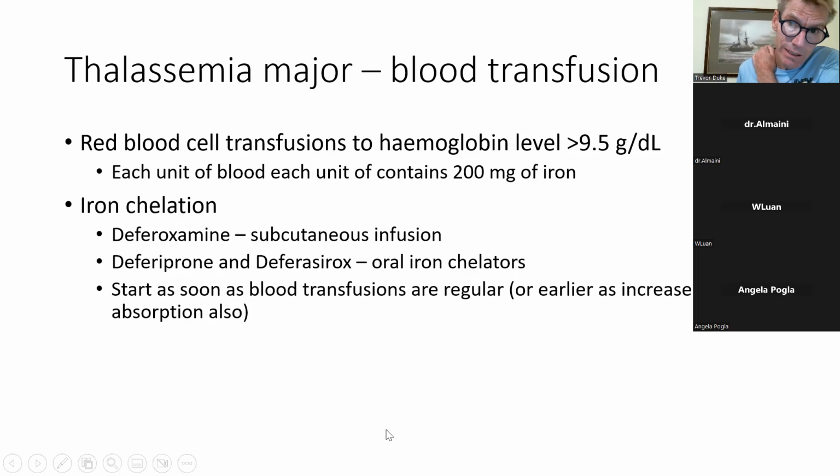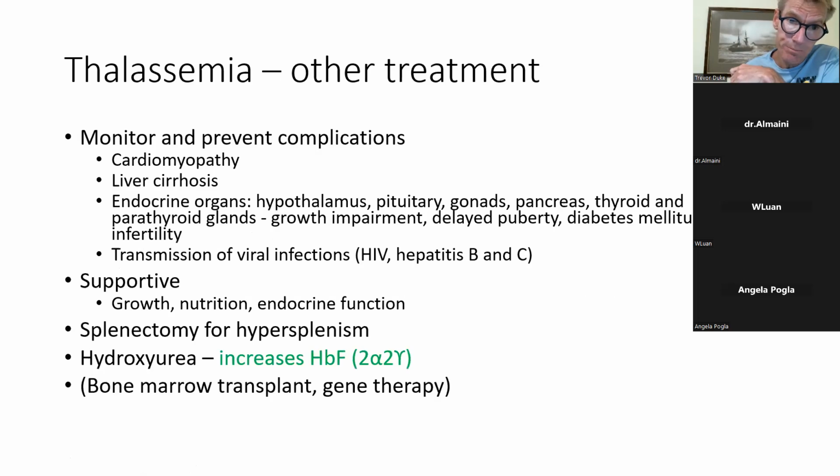You should start the iron chelating agents as early as possible, even if you make a diagnosis and the child doesn't quite need blood transfusions on a monthly basis. It's good to still start so that they don't get increased gastrointestinal iron absorption. So in most places where there are thalassemia clinics, they will start iron chelating agents earlier, essentially as soon as the diagnosis is made.